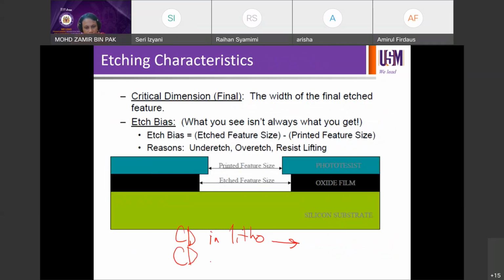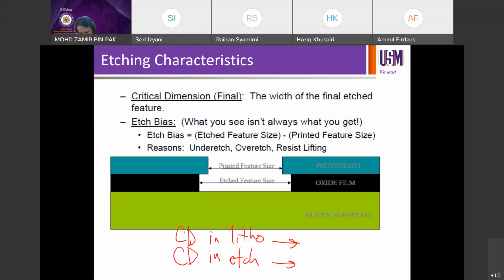Anyone? Critical dimension. In litho, as in resist dimension.